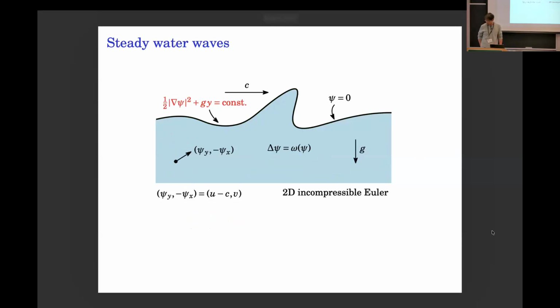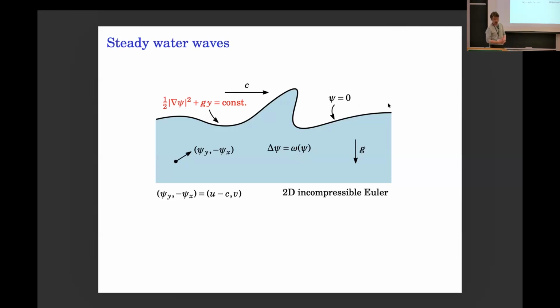And if you rewrite the whole system in terms of this psi, then you get this very nice Poisson's equation inside. This is a scalar equation rather than a system of equations. Okay, let me mention to you that omega here is vorticity. And the kinematic boundary condition just becomes this level curve condition.